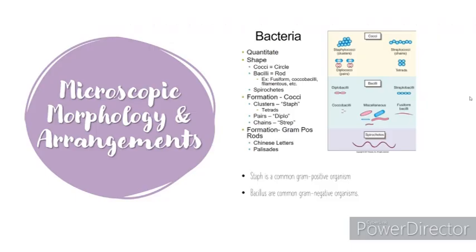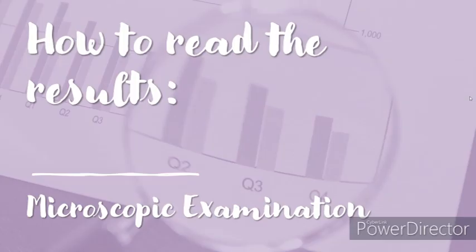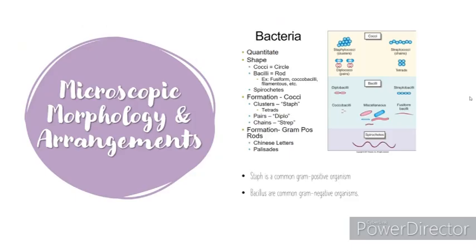So, how to read the results through the microscopic examination. The morphology and arrangements will really help you with what you're looking for. Bacteria have morphology, and then they have arrangements.